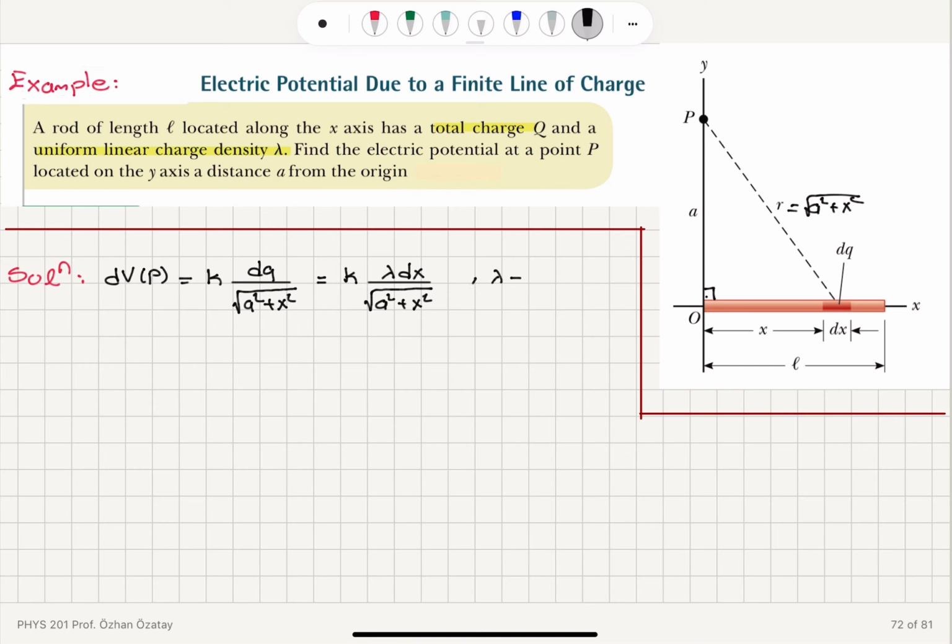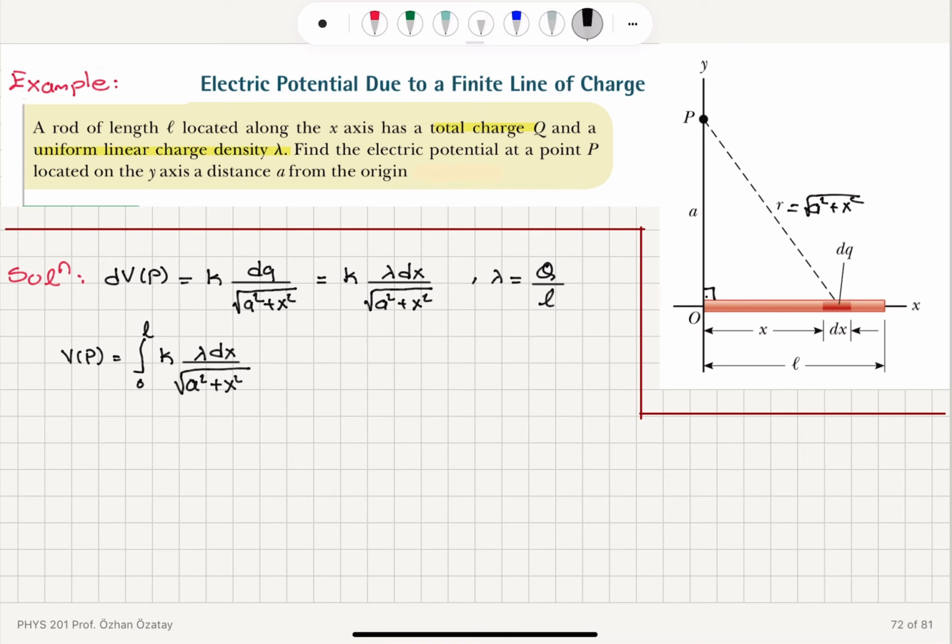And this lambda is the total charge q divided by the total length L, because it's a uniform charge distribution. It's a constant. Okay, so the total potential at point P will be the integral from 0 to L of k lambda dx divided by square root of a squared plus x squared.